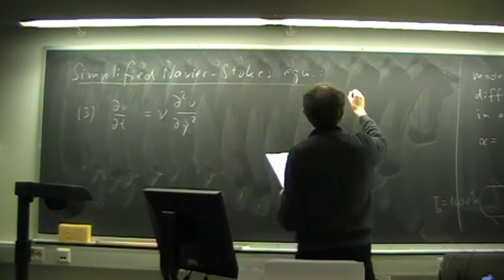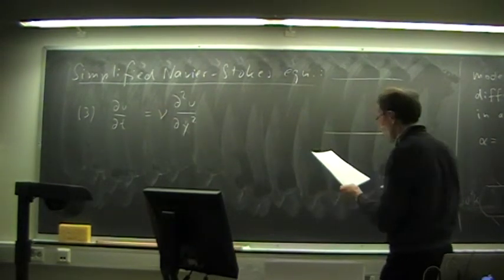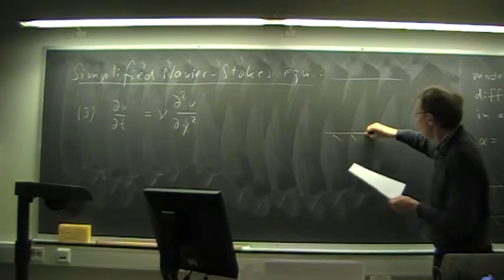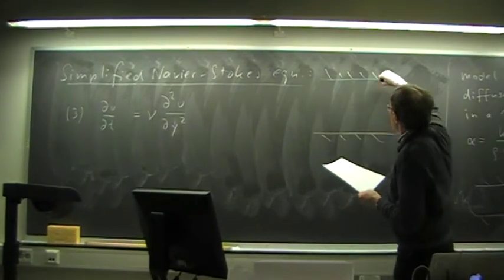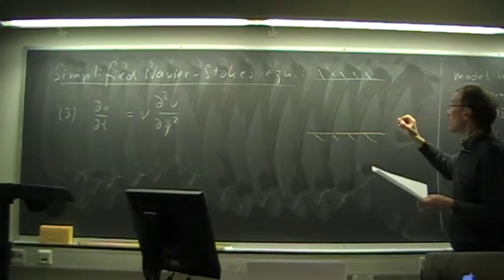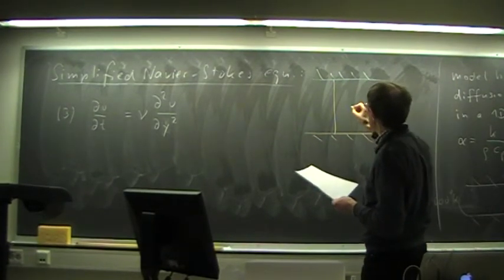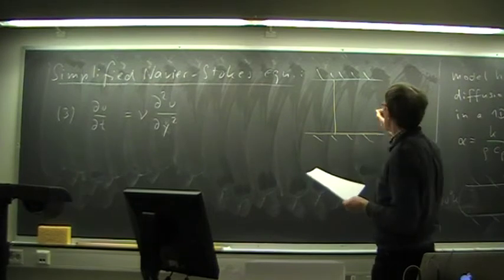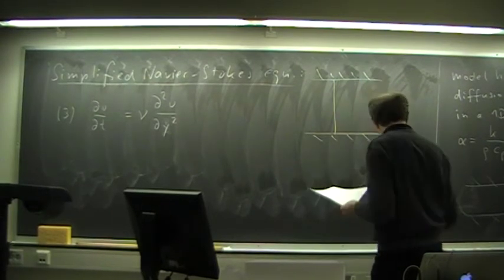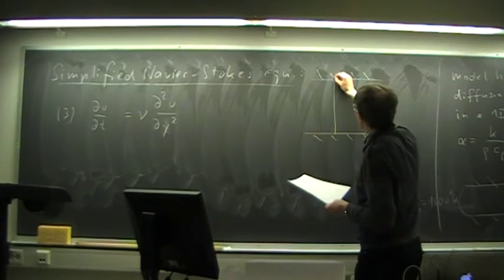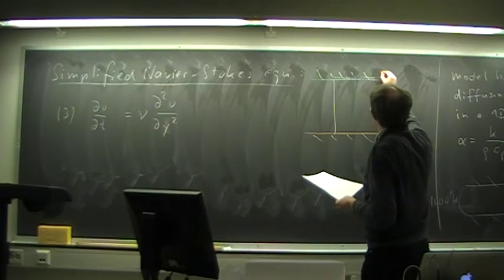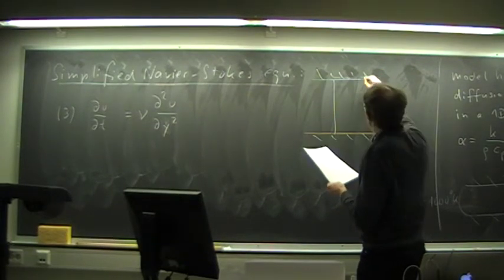Because we imagine we have this situation, we have two parallel plates, and the upper plate is moved suddenly. So in the beginning we have the velocity u simply 0. But at time equal 0, we suddenly move the upper plate with a velocity V.